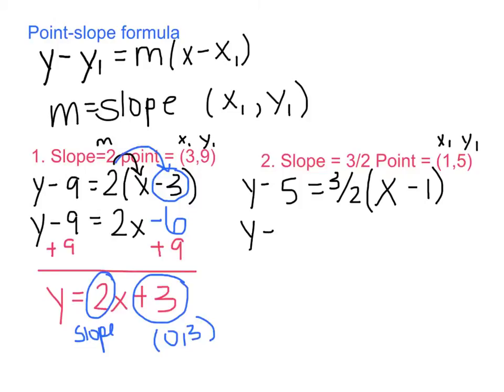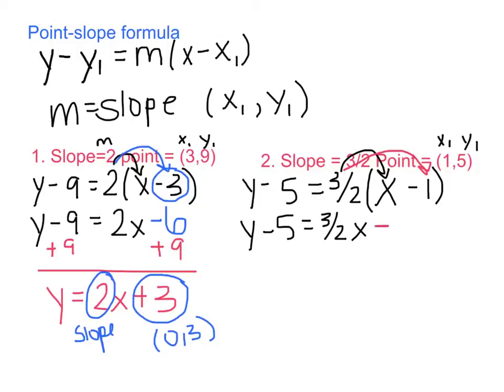Y minus 5 equals 3/2 times x. It's going to give you 3/2 x. And then you're going to take 3/2 times negative 1, which should give you negative 3/2.